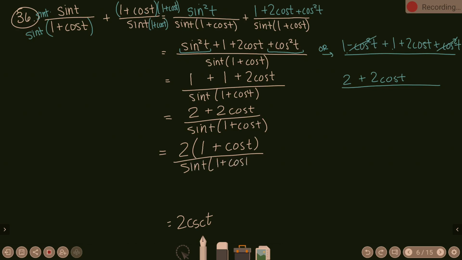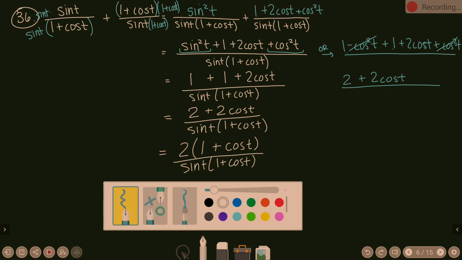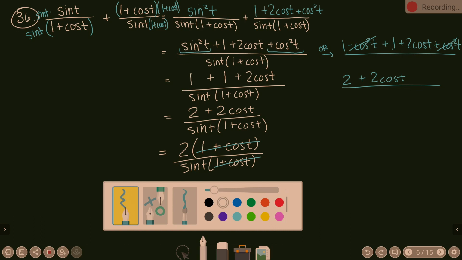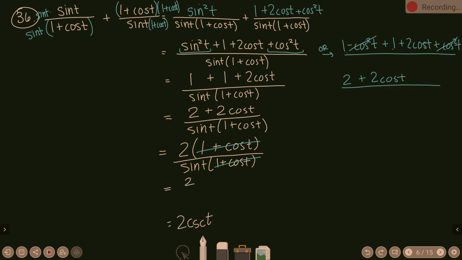And what happens? The 1 plus cosines cancel, and I am officially at 2 over sine t. But sine t is the reciprocal function of cosecant, and so a sine in the denominator is equivalent to a cosecant on top. Yay. And we're there. We did it.